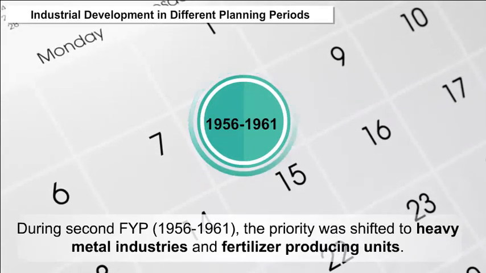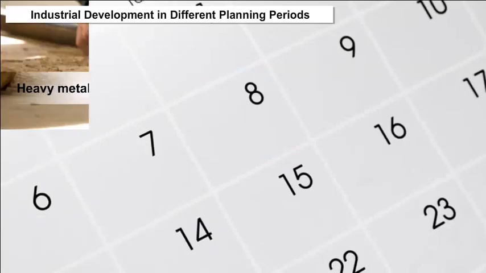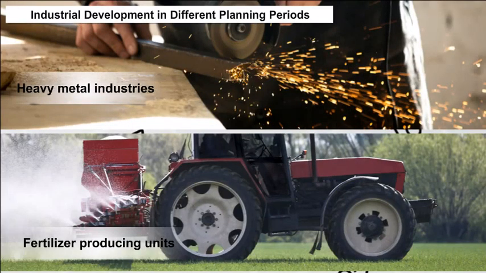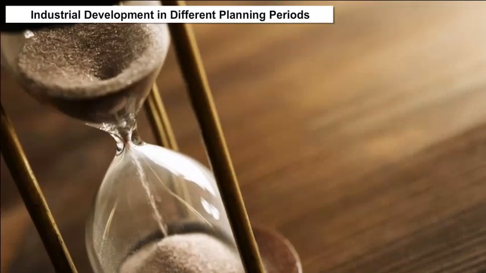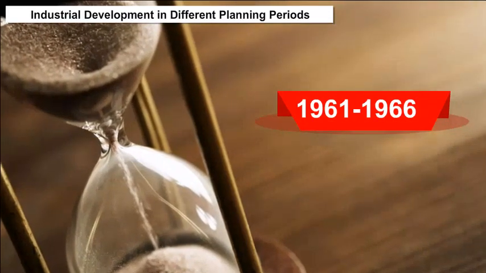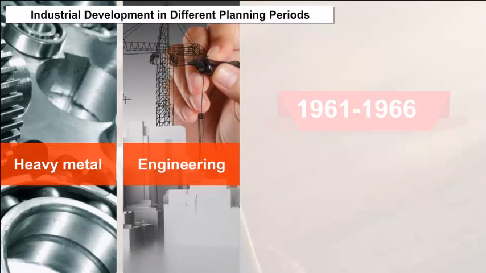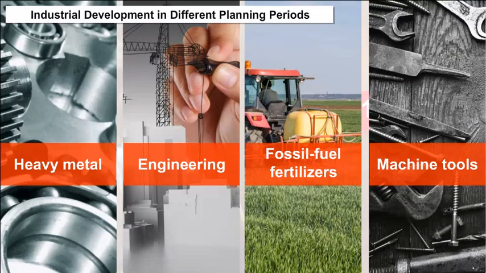1956 to 1961, the priority was shifted to heavy metal industries and fertilizer producing units. At the time of the third FYP, that is 1961 to 1966, the importance was given to heavy metal, engineering, fossil fuel, fertilizers, machine tools, and others.